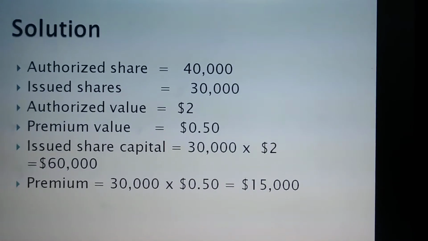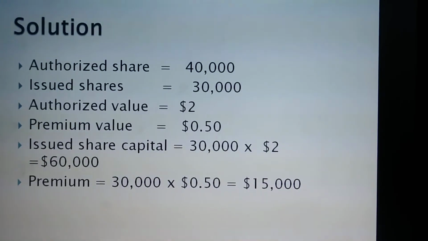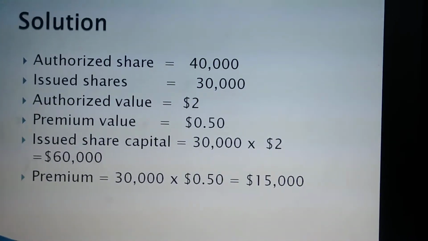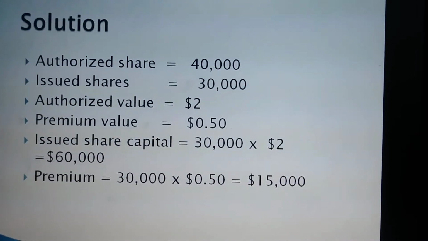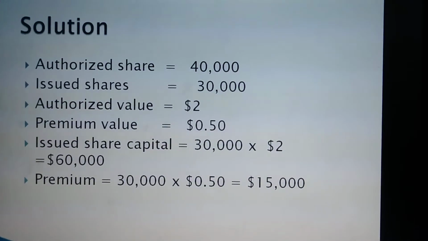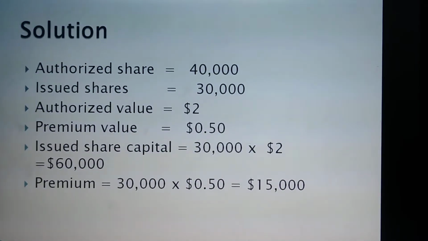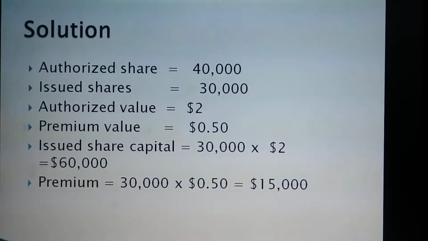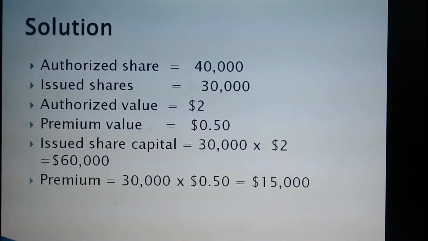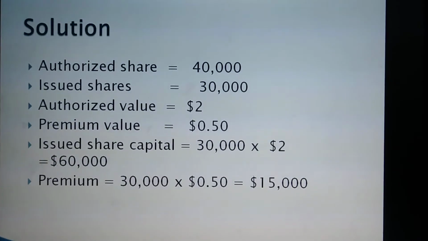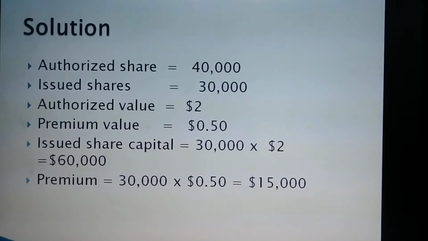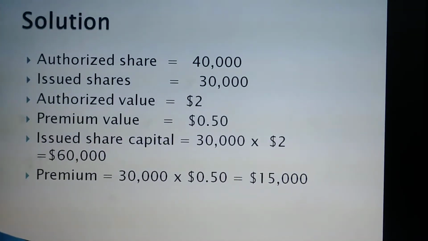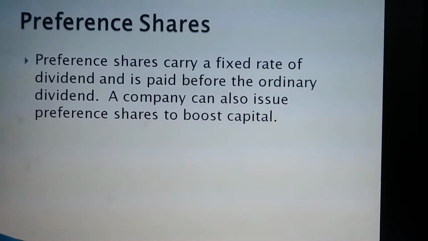The premium, remember, it is the excess value, the above par value. So how do we calculate the premium? The premium would have been the issued share, which is 30,000, multiplied by the excess value, which is 50 cents. And that gives you $15,000.